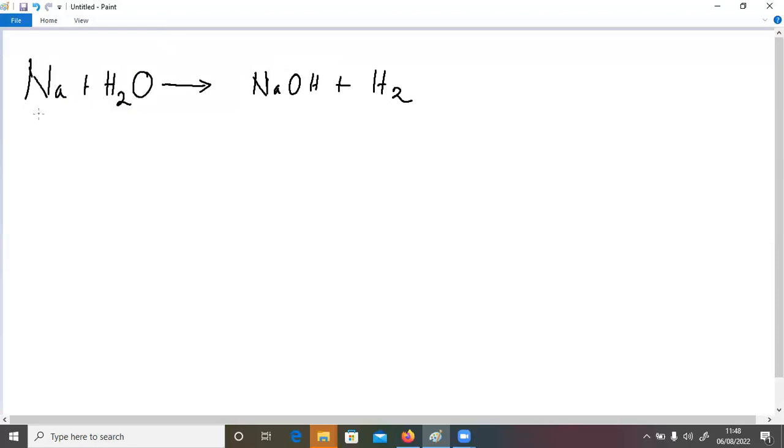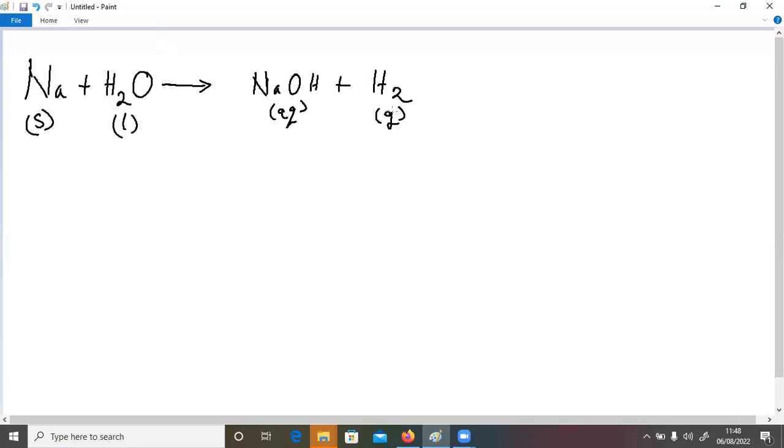Sodium starts as a solid, and water is a liquid. The solution which is formed is an aqueous solution, which means some kind of ions dissolved in water. And finally, the hydrogen evolves out as a gas. Those are the state symbols for that equation.